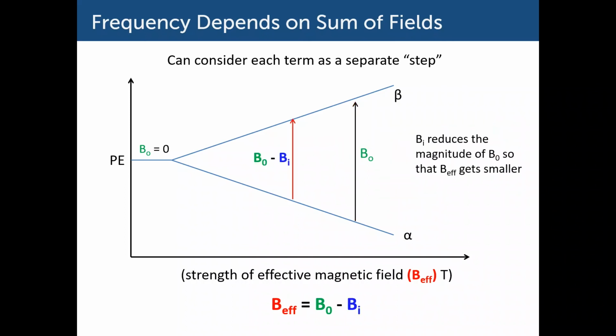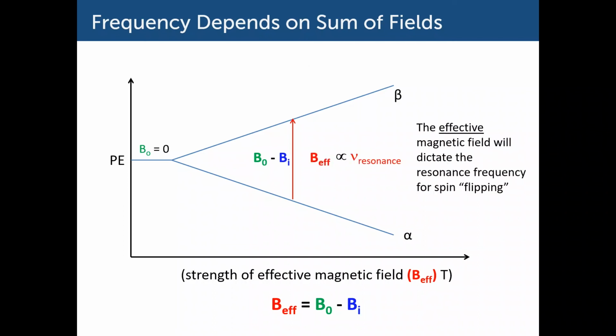But if we have electrons, we actually change where we are on this plot. Because remember, we're not plotting on the x-axis the magnetic field from the instrument. We're plotting the magnetic field that the nucleus experiences, or BEF. And we know that that's a composite of both the external magnet and the induced magnetic field from the electrons.